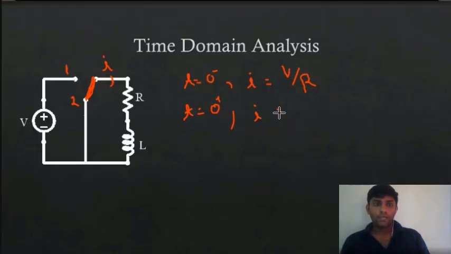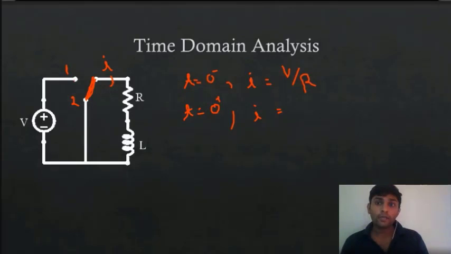Okay, Sainal is saying 0. Vishal Yadav is saying V by R. Okay, again you didn't listen to my explanation carefully. The property of an inductor is that it doesn't allow sudden change.